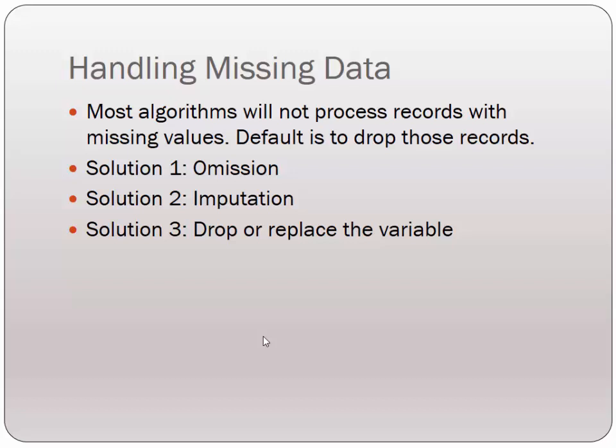Or you can drop or replace the variable. If a given variable has too many missing values, which is what we looked at in the advanced metadata, just throw that variable out. Maybe you can replace it with something similar. For example, age and experience.